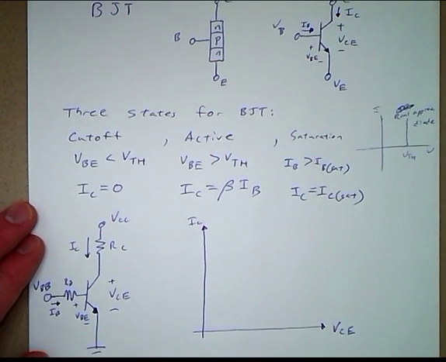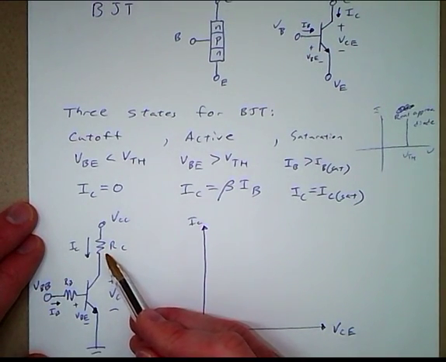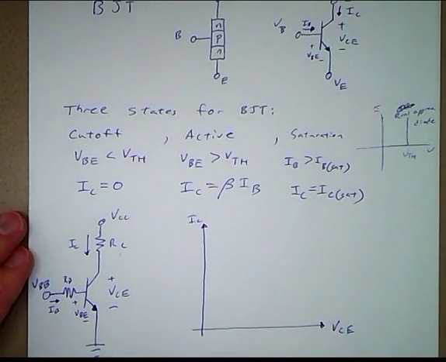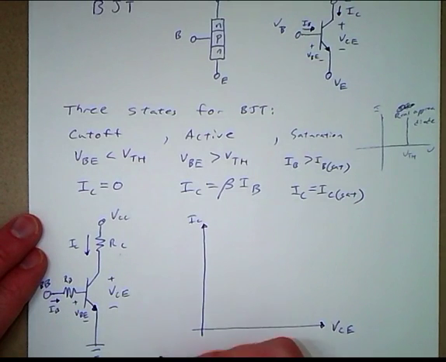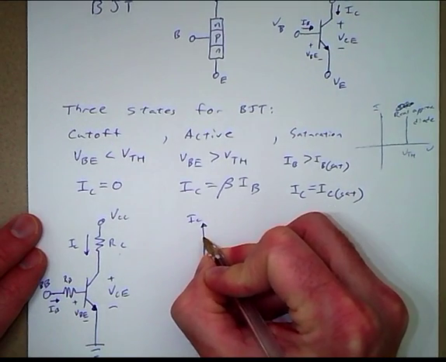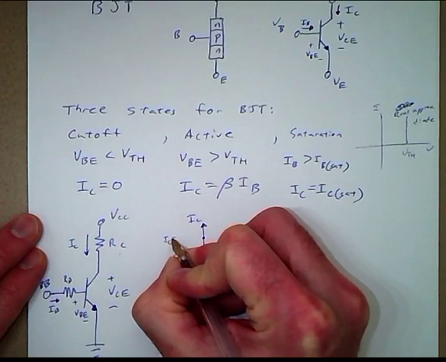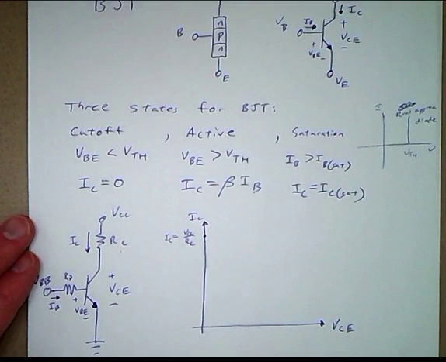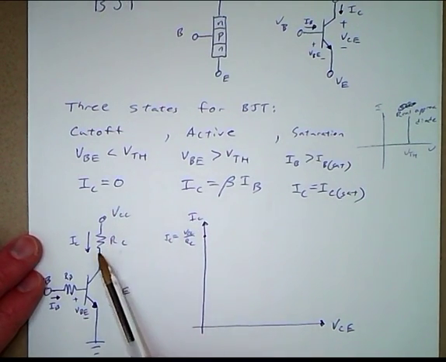In the case where VCE is 0, then that means that the voltage drop across this resistor is VCC. And so in that case, IC is equal to VCC over RC, because the voltage drop across this resistor is VCC.